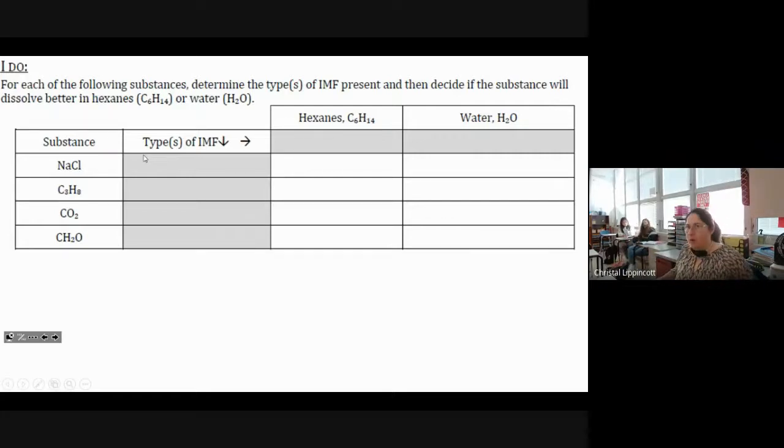LDF. Okay. Everything has LDF. So this one's just LDF here. This one, what is water?